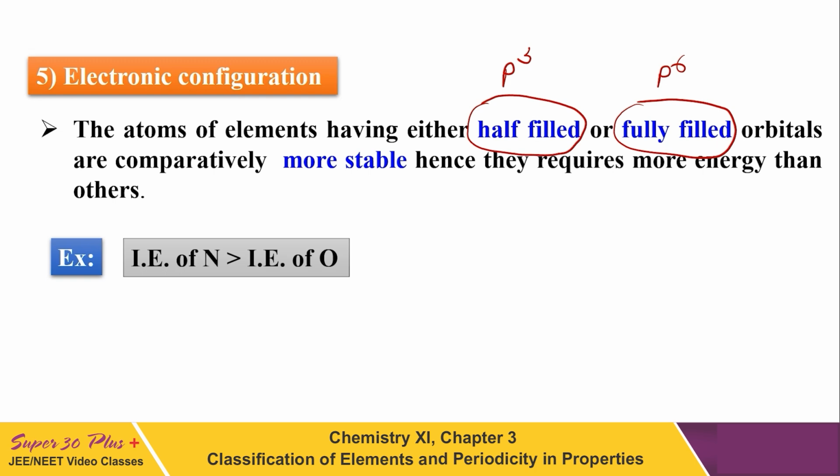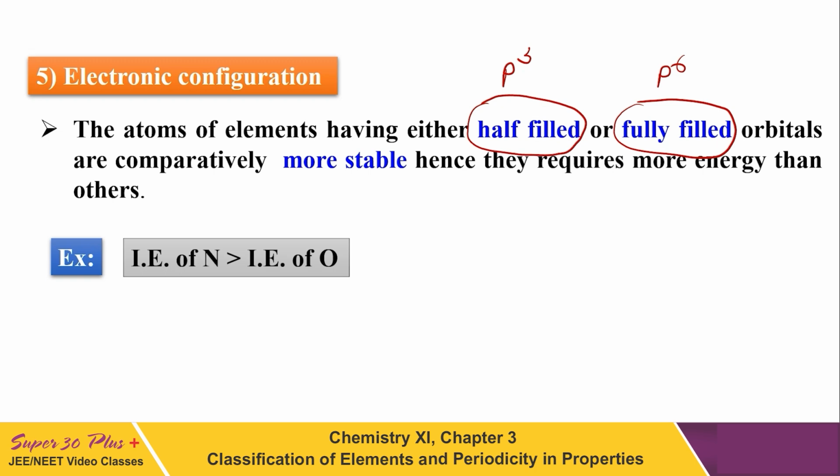So when we have half filled or fully filled orbitals, they are stable and it is difficult to remove an electron from the stable configuration. This is the reason why IP is more for half filled or fully filled electronic configurations.